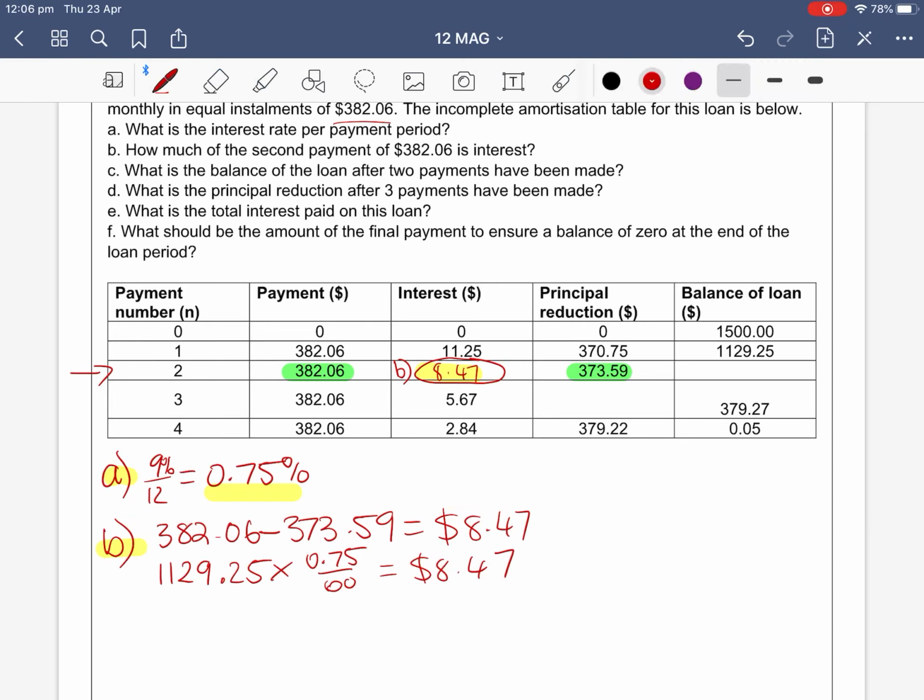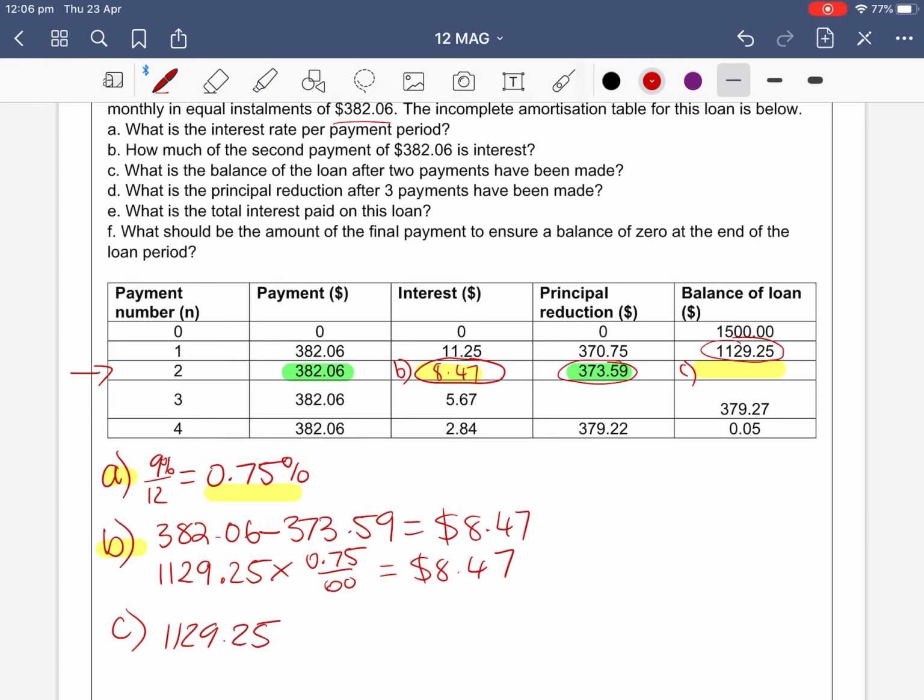For C, we want to know the balance of the loan after 2 payments have been made. Okie dokie. So for C, we're looking for what's going to go in this box here. All right, well, if we originally had this amount and now we've paid off this much of the principal reduction, that means we're simply going to subtract those values and figure out what the new balance of the loan is.